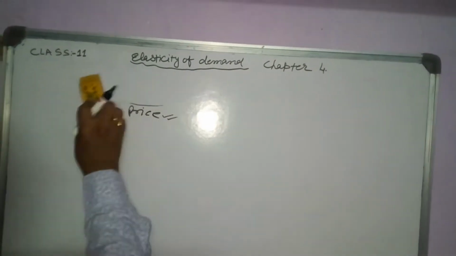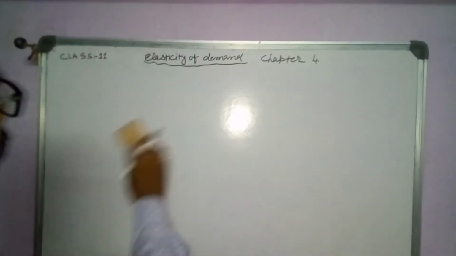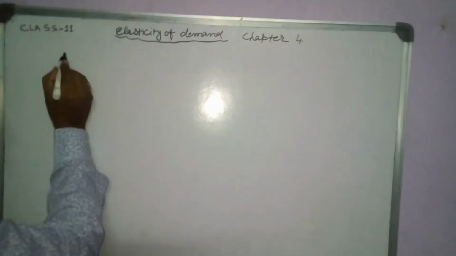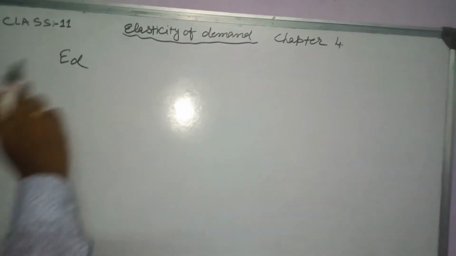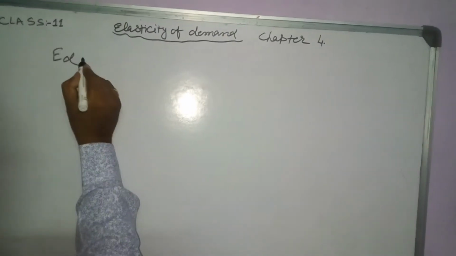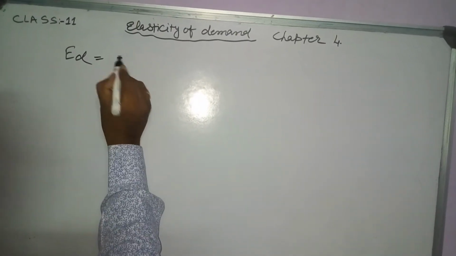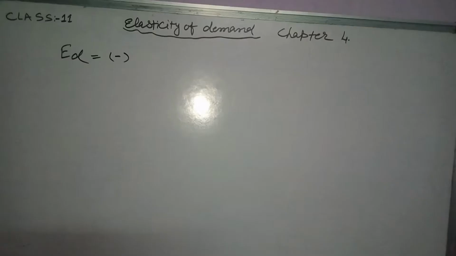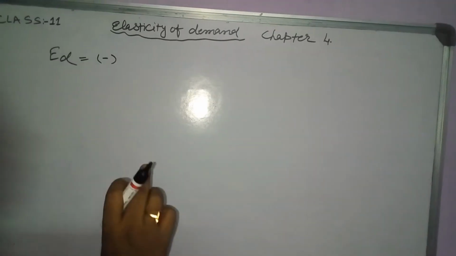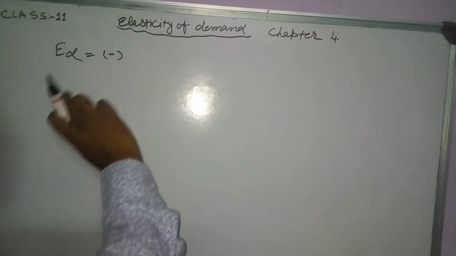Is it clear? So first of all, it is denoted by capital D, capital E and a small d. So ED is equal to, here we will put the minus sign. The minus sign indicates the directional change.